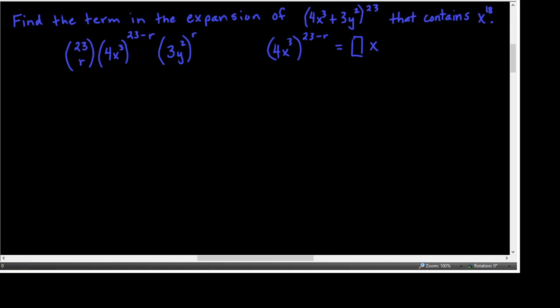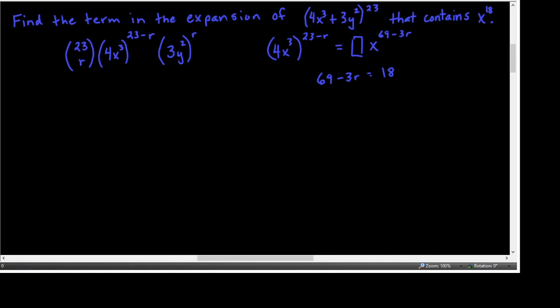And since you have a power and a power, you multiply. So 3 times 23 minus r is 69 minus 3r. And that will be the eventual exponent on x. And what we want that exponent, 69 minus 3r, to become is 18. Solve for r.